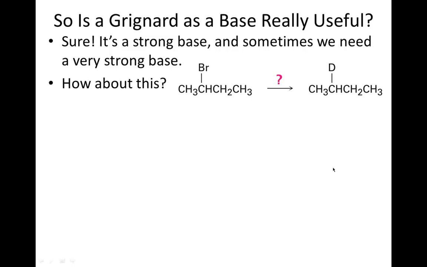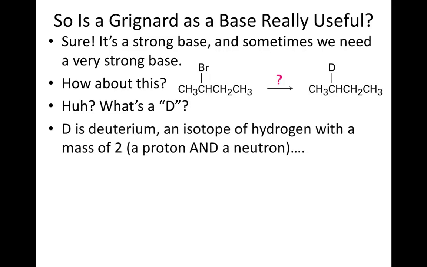Suppose that you wanted to put in a deuterium. Now D stands for deuterium. Remember what deuterium is? It's an isotope of hydrogen that has a mass of 2, so it has not only a proton but also a neutron in the nucleus. And where do we get that from?